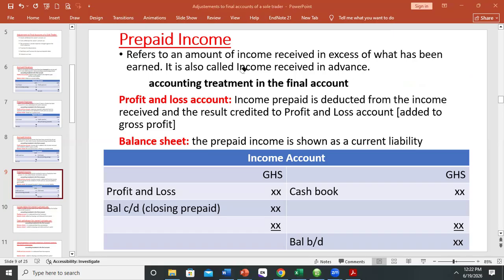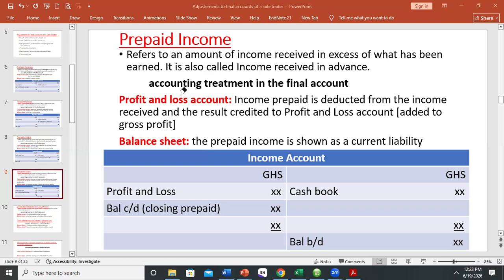So, Agbepo, let me give you a simple scenario. You are a shoe seller, right? And then you receive money from someone who is coming to buy your shoe. Let's say the cost of the shoe is 200 cedis.